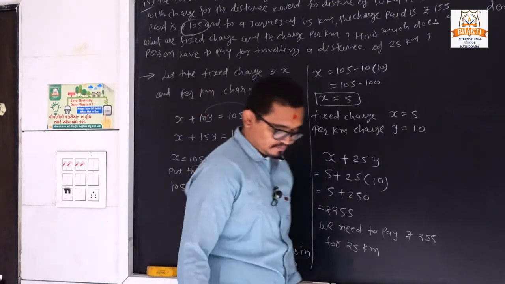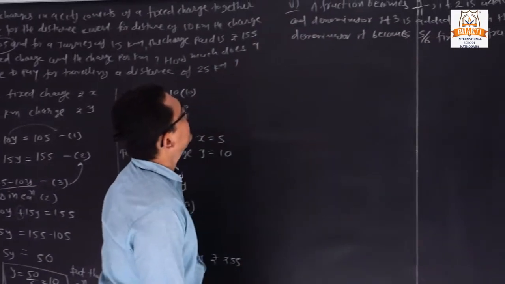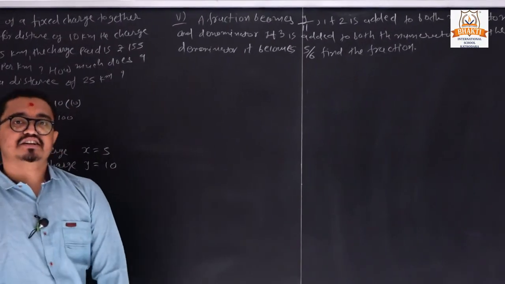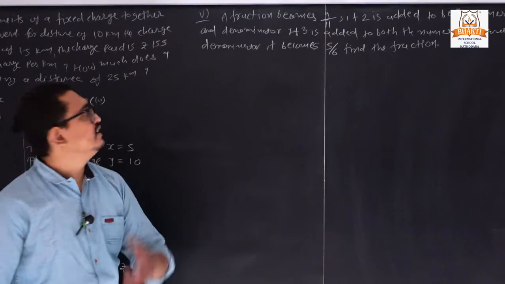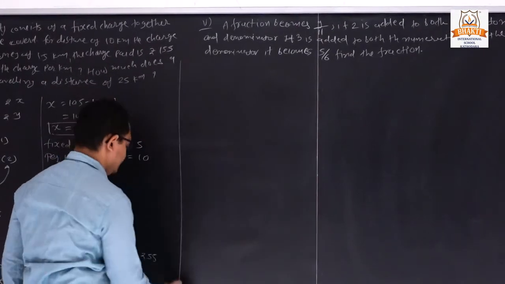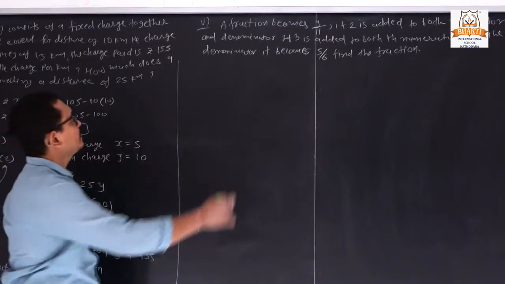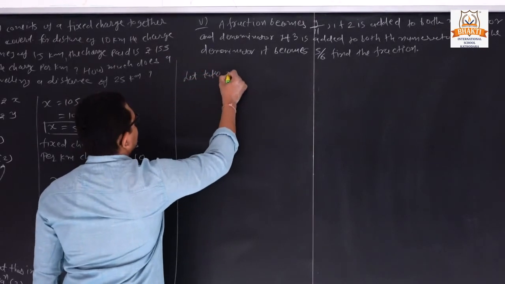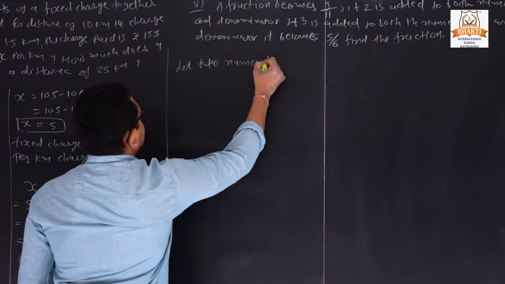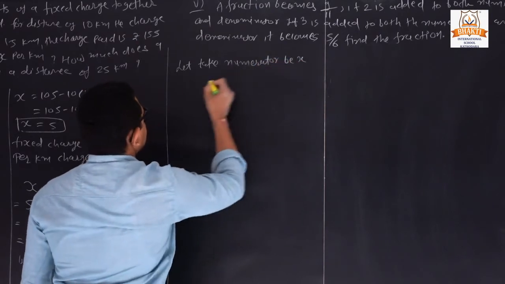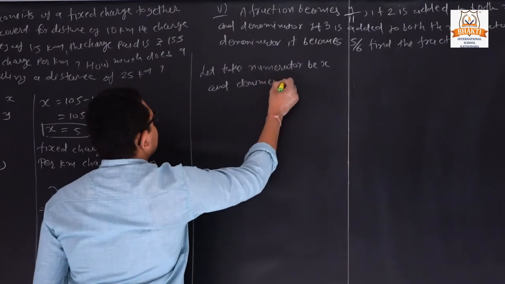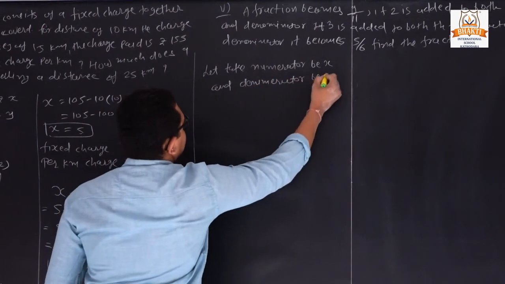Now next, question number 5. A fraction becomes 9 by 11. So fraction means what? x upon y. Clear? So here first of all we can declare, let the numerator be x and the denominator be y.